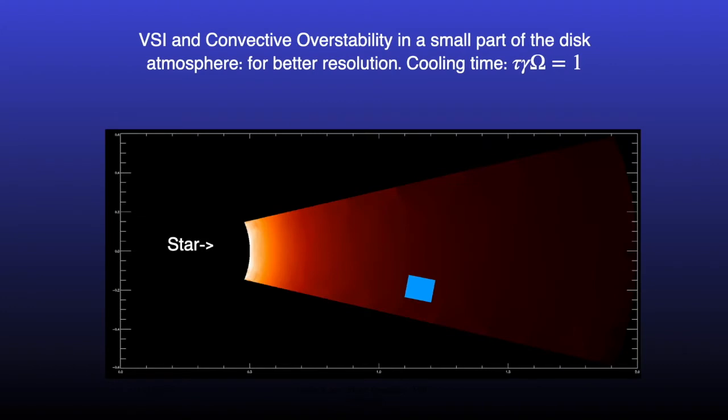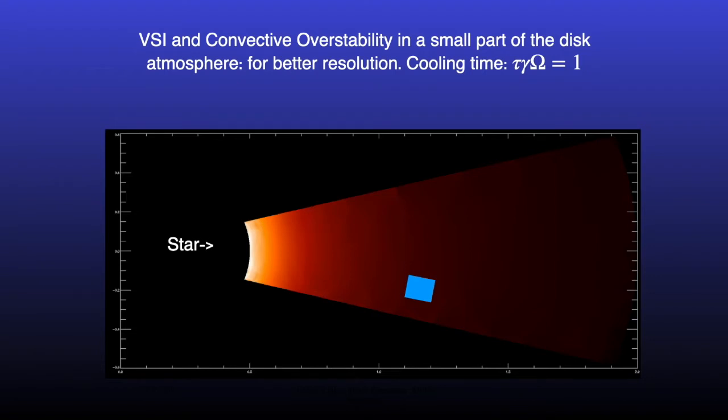So this is now a numerical simulation, but not of the entire disk. You see here roughly the temperature gradient, but it's just a simulation of a small patch of the atmosphere. We do this for two reasons. A, it's cheaper and we have better resolution. And second, the growth rates, as I will show later, depend pretty much on where you are on the disk.